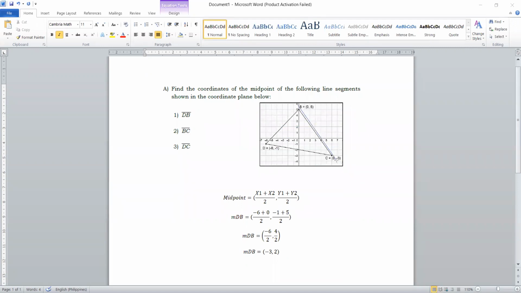For the midpoint of BC now. Again, it doesn't really matter. I want this as my point 1, and I want this as my point 2. So let's substitute it again.